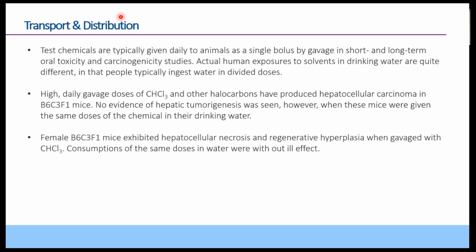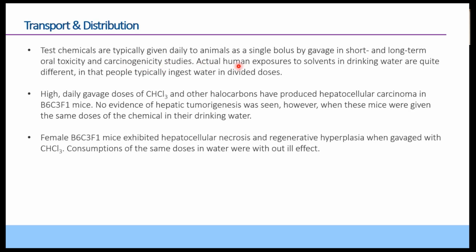Then moving on to the further transport and distribution, the test chemicals are typically given daily to animals as a single bolus, which is normally the route of administration in animals, by gavage in short and long-term oral toxicity and carcinogenicity studies.